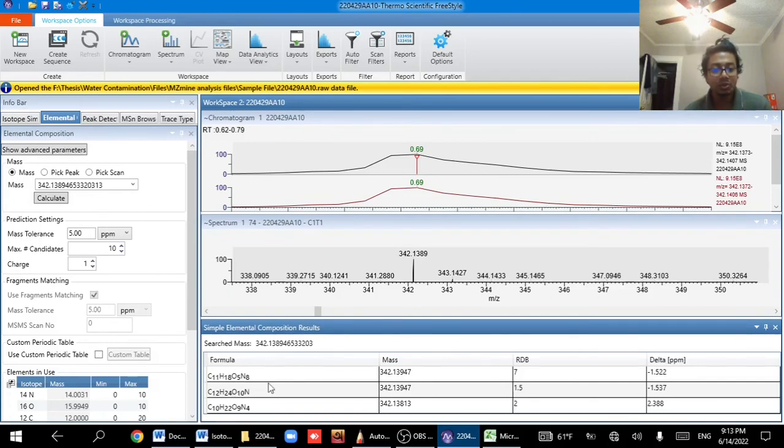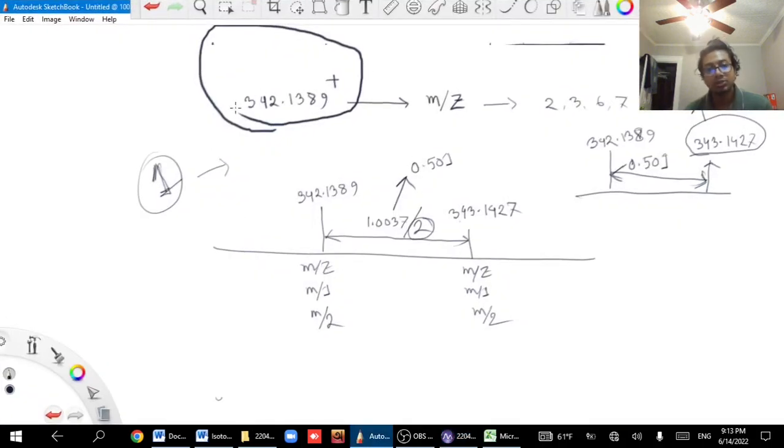And remember that to apply the nitrogen rule, you need to find out whether this value is the M plus H peak or M plus NH4, and then you can also use that tricky way to apply the nitrogen rule. And this is all for one search, but for multiple charges you need to divide the distance by that.